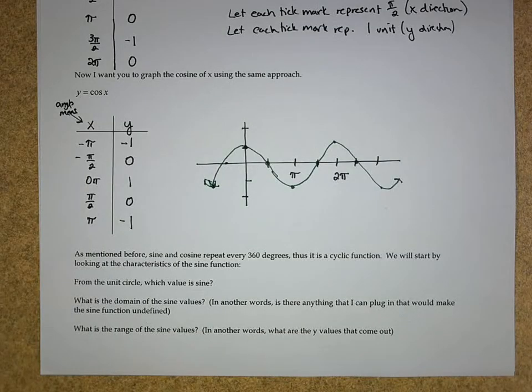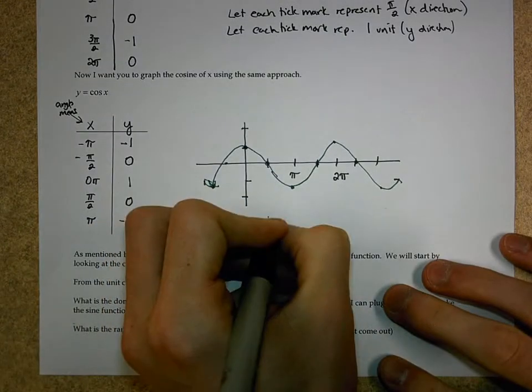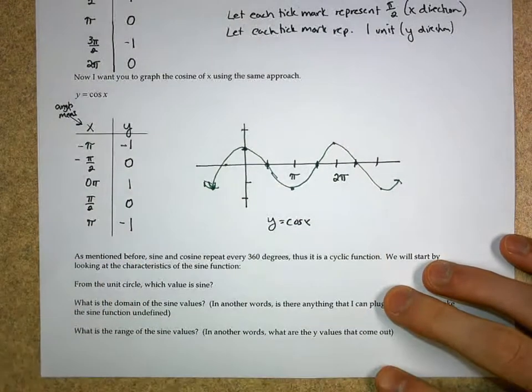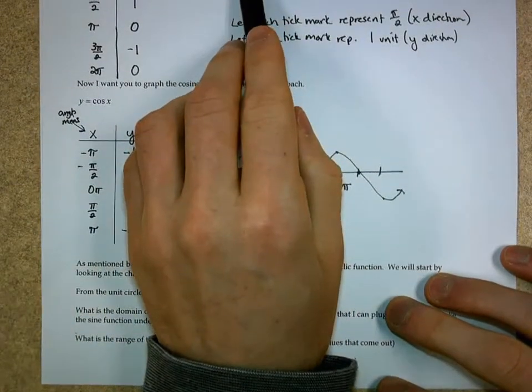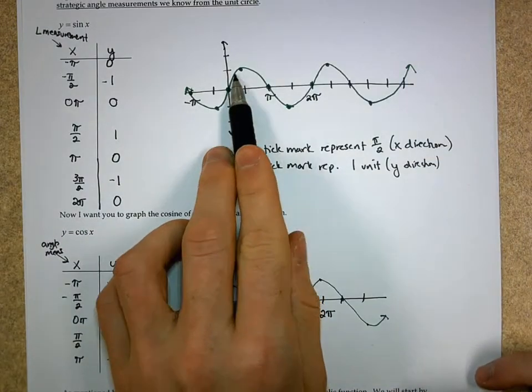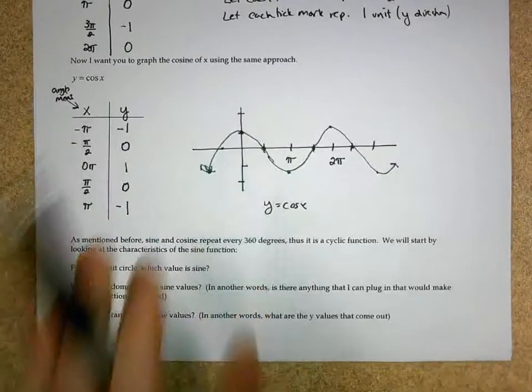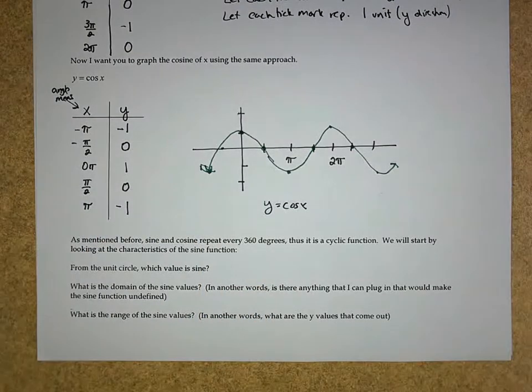So there's my cosine curve graph. It looks just like the sine, except for my starting point is 0, 1, and I come down, whereas here for my sine graph, my starting point was 0, 0, and I went up. But it's the same basic shape.